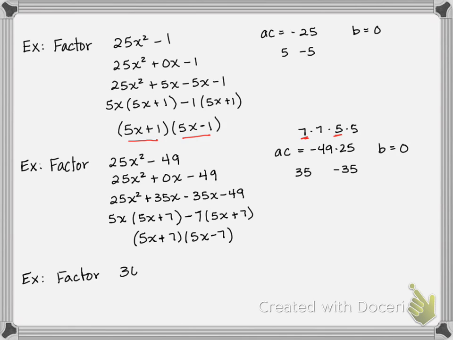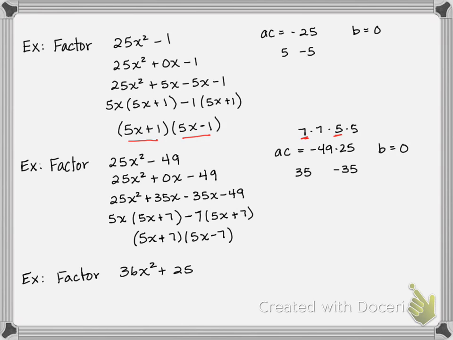Let's see, 36x squared plus 25. There's the plus sign there. Oh, yeah. It's prime, right? So this doesn't factor because there's a plus sign there.